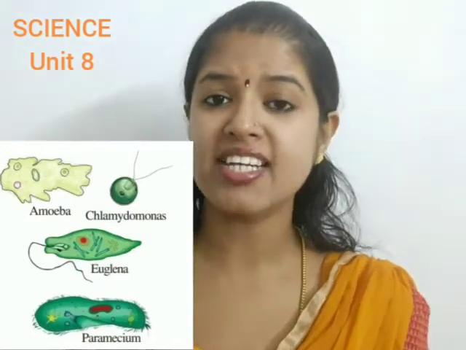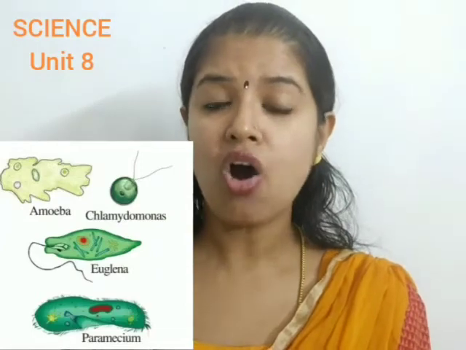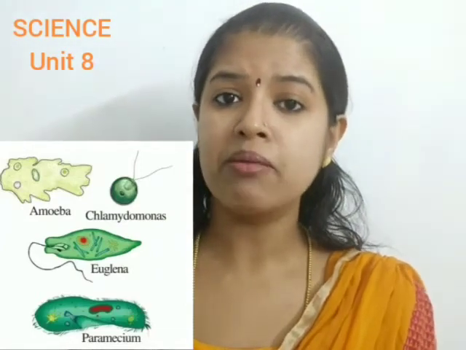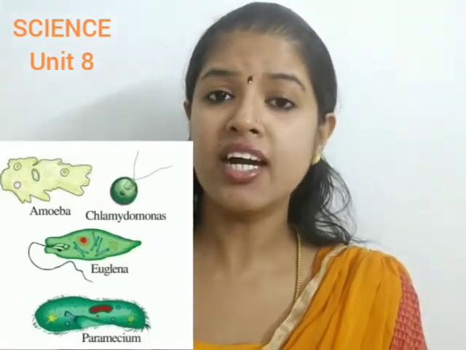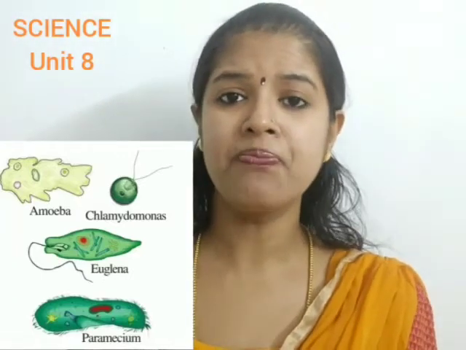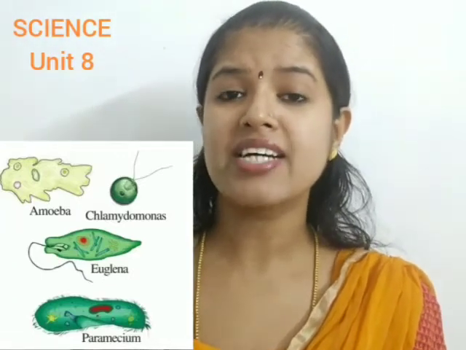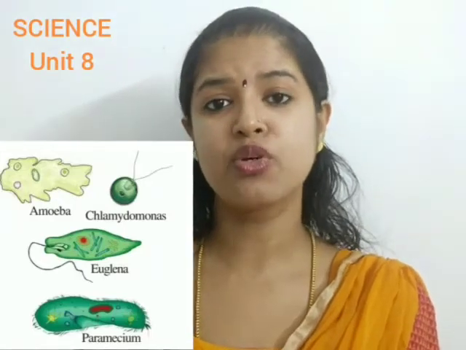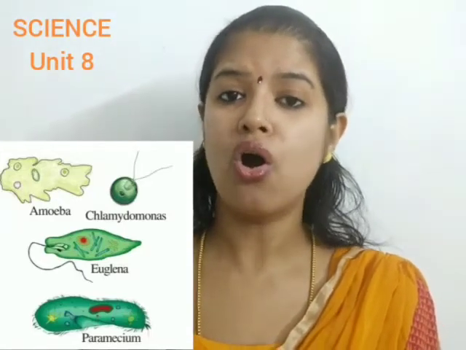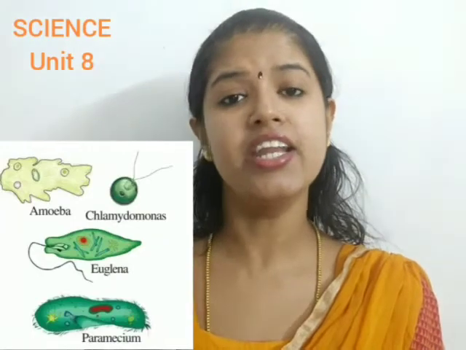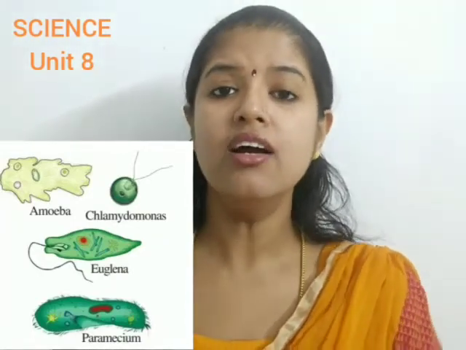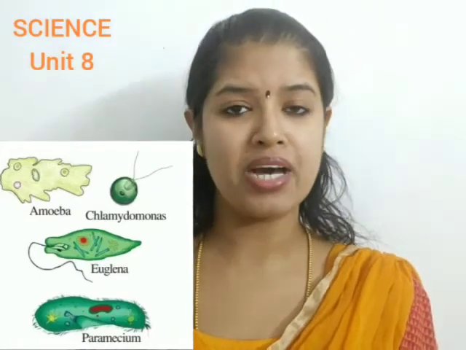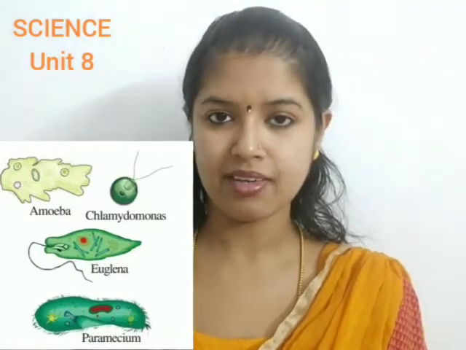If you take the structure of the cell, all the cell organelles are immersed in this cytoplasm. The cytoplasm helps in the transport of materials to all parts of the cell in a unicellular organism. There is no blood at all. Only the cytoplasm does this job.